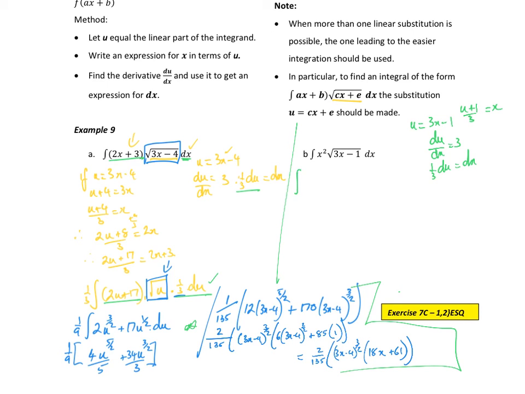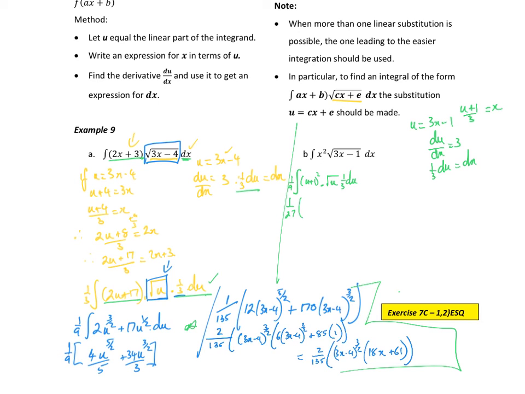So x squared is going to be, I'm going to have a 1/9 at the front, u plus 1 squared times the square root of u. There's a third there somewhere, 1/3 du. So I'm going to have a 1 on 27.